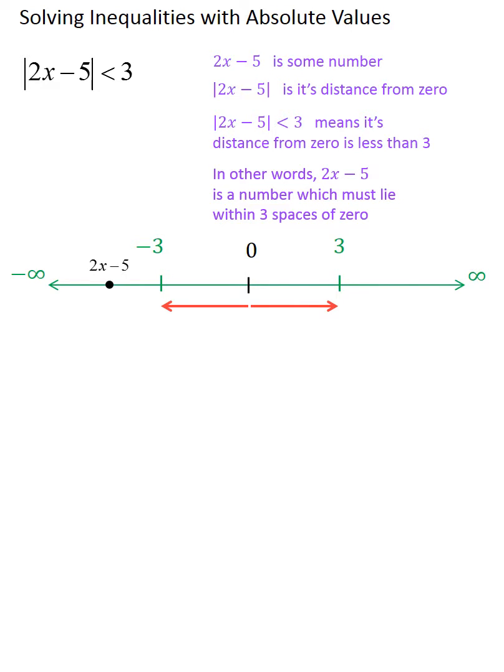Likewise, it can't be here. Well, all these thoughts lead to the following string of inequalities. Now, in case you're not familiar with this double less than notation, this is effectively a between statement.